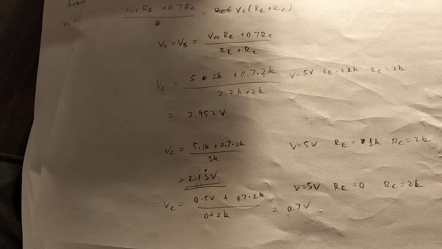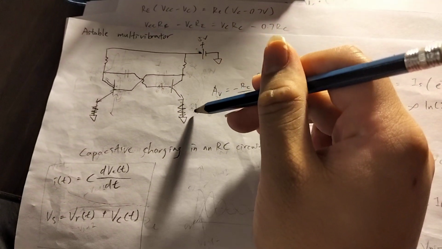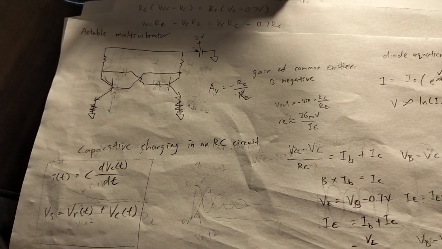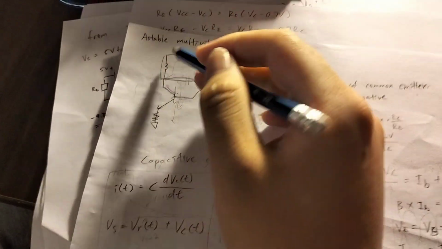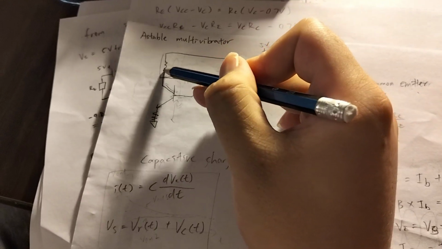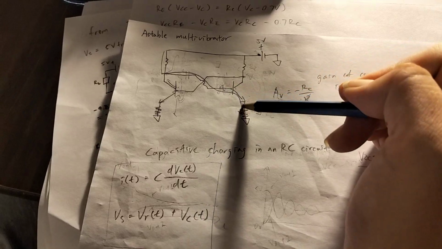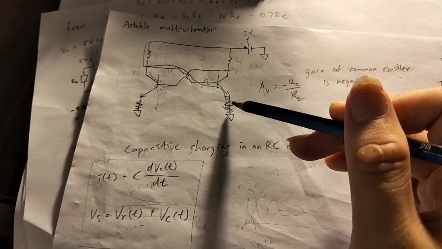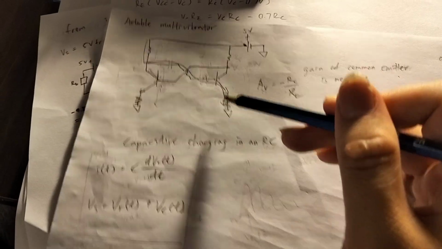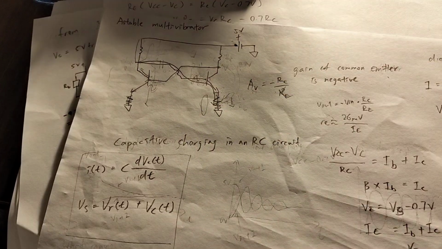So what happens if we keep dropping this emitter resistor? There's a point where you can drop it so much that the current through this path, so the current through the collector of transistor A into the base of transistor B out the emitter of transistor B, you can drop this resistor so much that this path can no longer push this voltage into saturation.